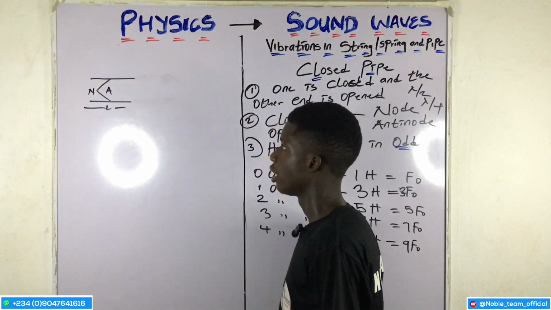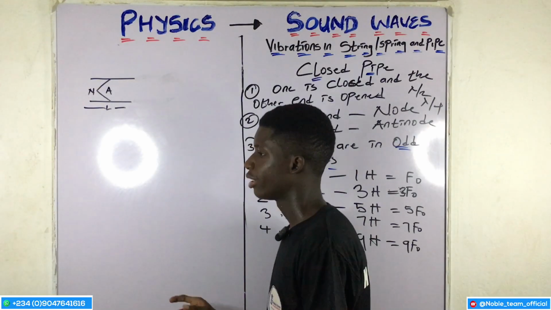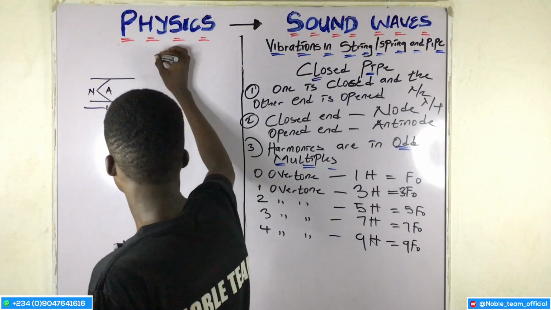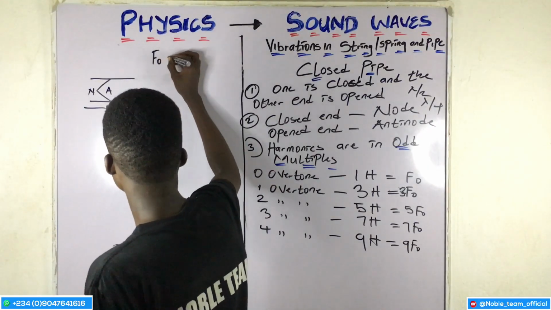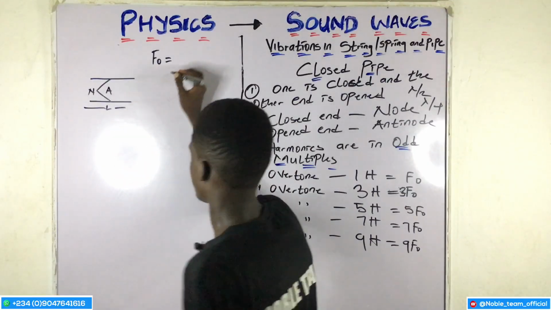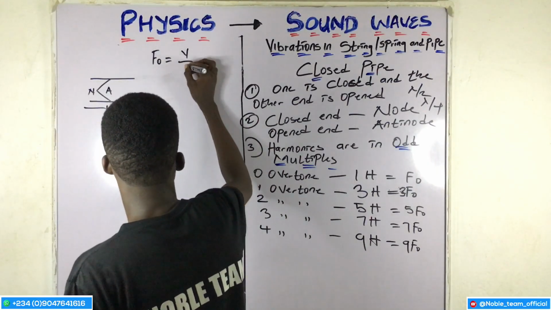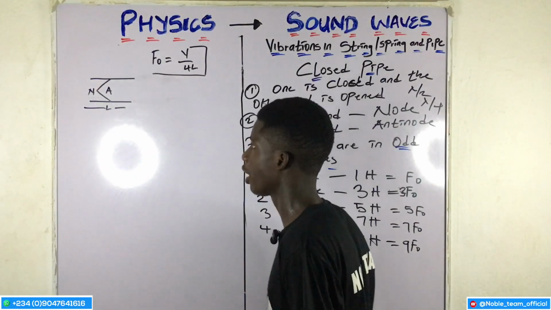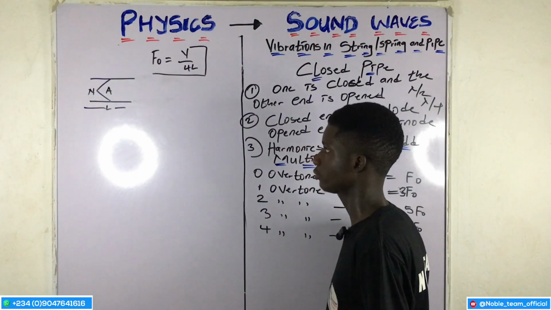Good. Now, in a closed pipe, we say that our fundamental frequency is equal to, listen, pay maximum attention, V over 4L. Now let's prove it. Okay, good.